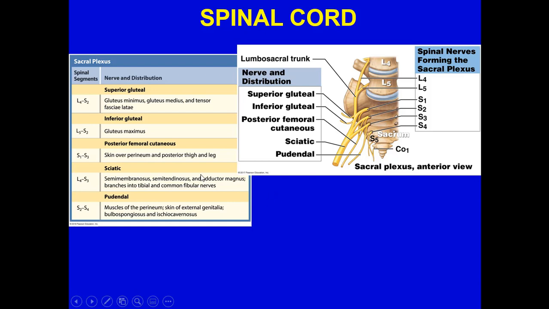If you've gotten the skeletal muscles down, you should be able to see how a lot of these play a role. And by the way, anytime you see the word, of course, cutaneous, you know that it's taking in or involved with the skin over a particular area, in this case over the perineum and the posterior thigh and legs. That's why it's posterior femoral.